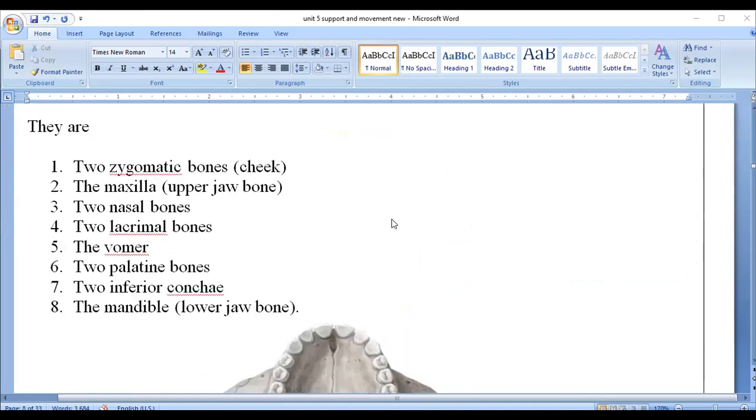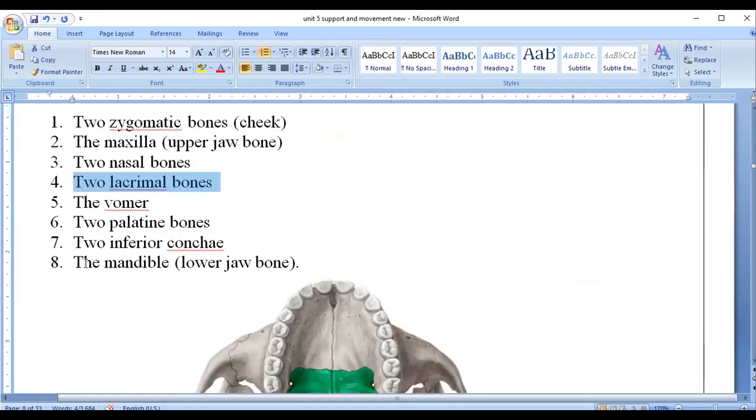Thereafter, here, the order is coming. Two zygomatic bones. Maxillae, one. Nasal bones, two. Lacrimal bones, two. Correct? Mandible, one.